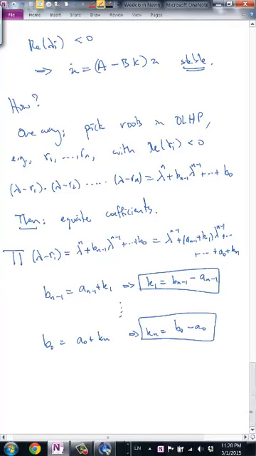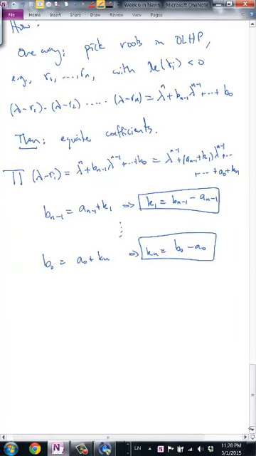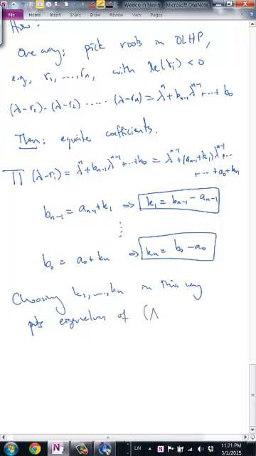And with this choice of coefficients, we have the roots that we want. So choosing k1 to kn in this way puts the eigenvalues of A minus BK at the chosen points, r1 to rn.